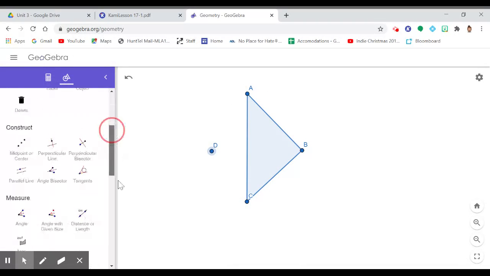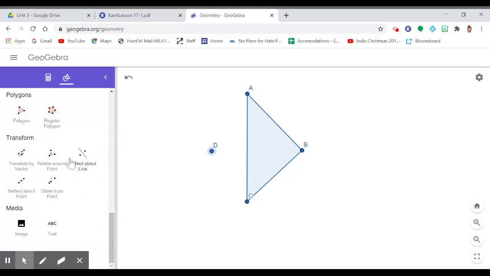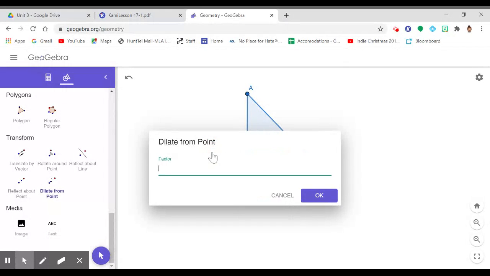So we want to perform a dilation when the scale factor is 1 and see what happens here. You might already be guessing what's going to happen. So we select our object, select our point, and let's perform a dilation with scale factor 1.